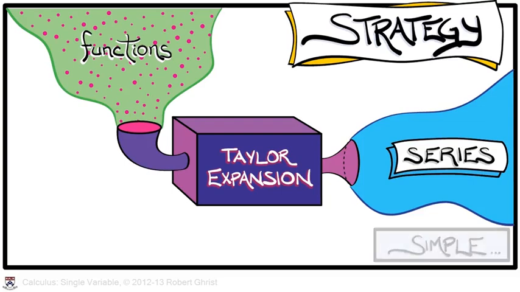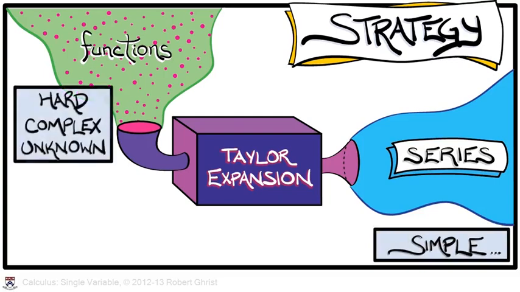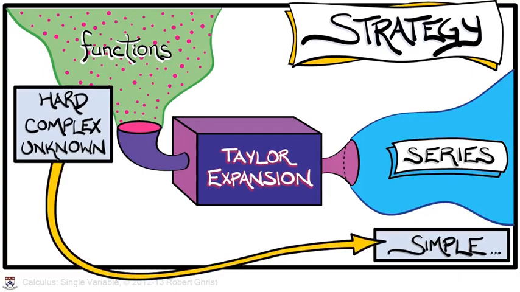Why do we want to do this? Well, series, thought of as long polynomials, are very simple to work with, whereas some functions can be obtuse, very difficult, maybe even unknown in a specific form. Taylor expansion helps us to convert such objects into an easier to work with form.